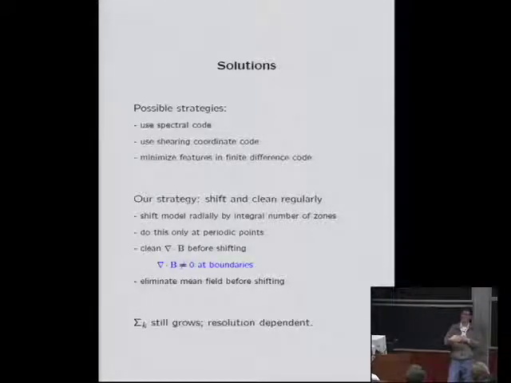Essentially, the magnetic fields on each side of the box become gradually inconsistent with each other over long enough runs. So we remove that inconsistency, which is quite small over timescales of 1 over omega, but can grow over long periods each time we shift the box. And then we eliminate the mean field before shifting.